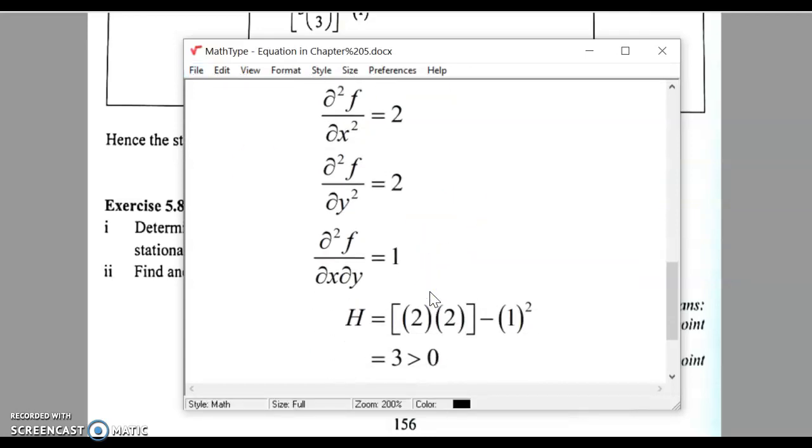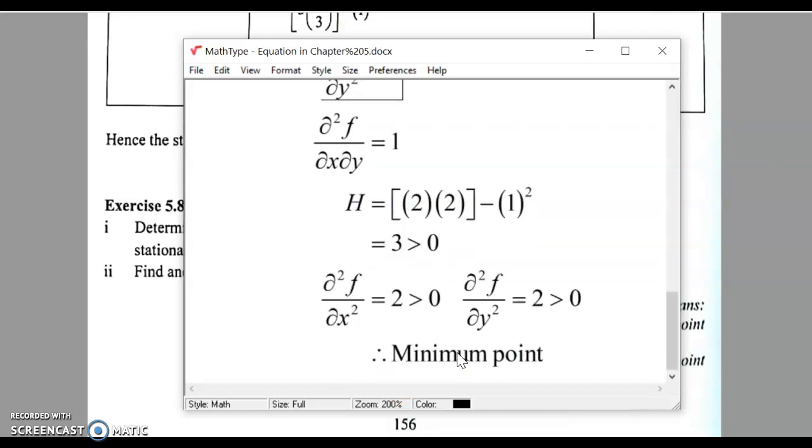Now that we have this, we can input everything into the Hessian function. So this is the Hessian function: the second partial derivative of x times the second partial derivative of y, minus the mixed partial derivative squared. So the answer is 3. So 3 is more than 0.